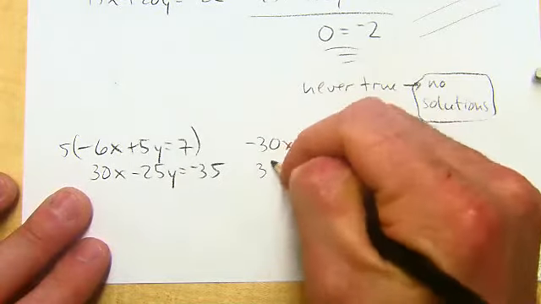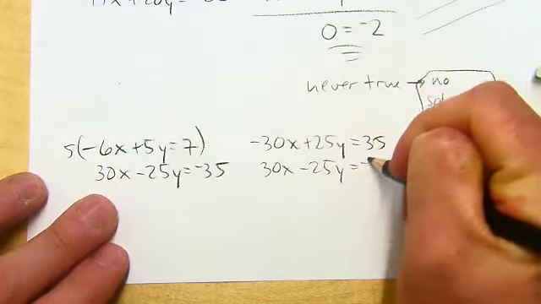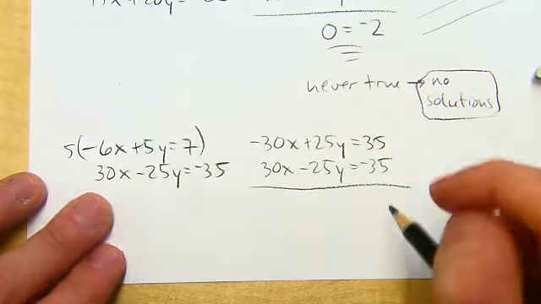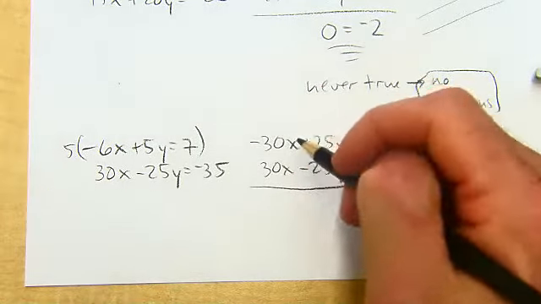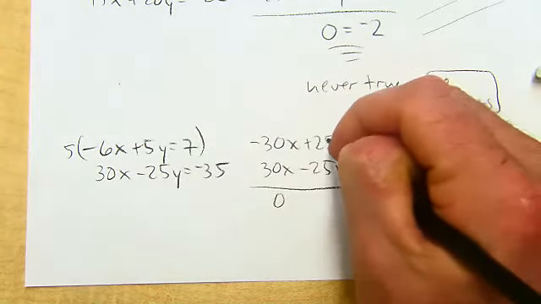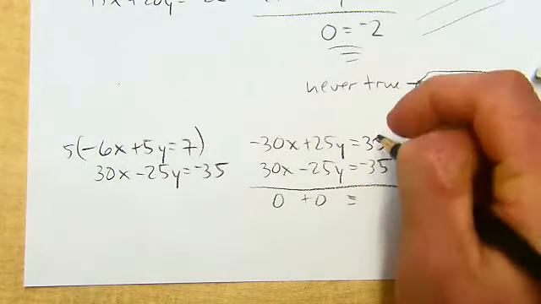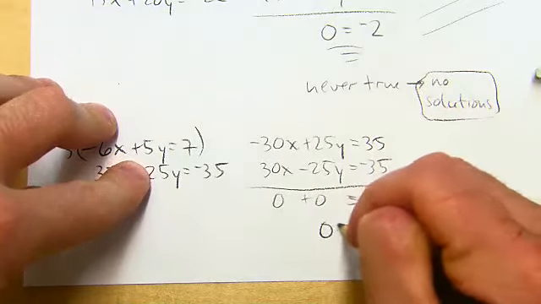And then I got 30x minus 25y equals negative 35. Combine those together, add them. So negative 30x plus 30x, 0. 25y minus 25y, 0. And then 35 minus 35, 0. So I get down to 0 equals 0.